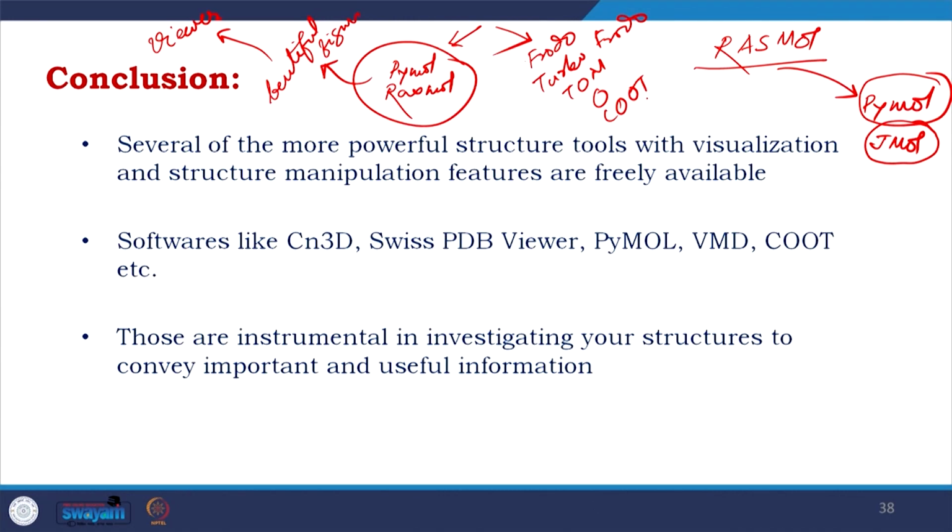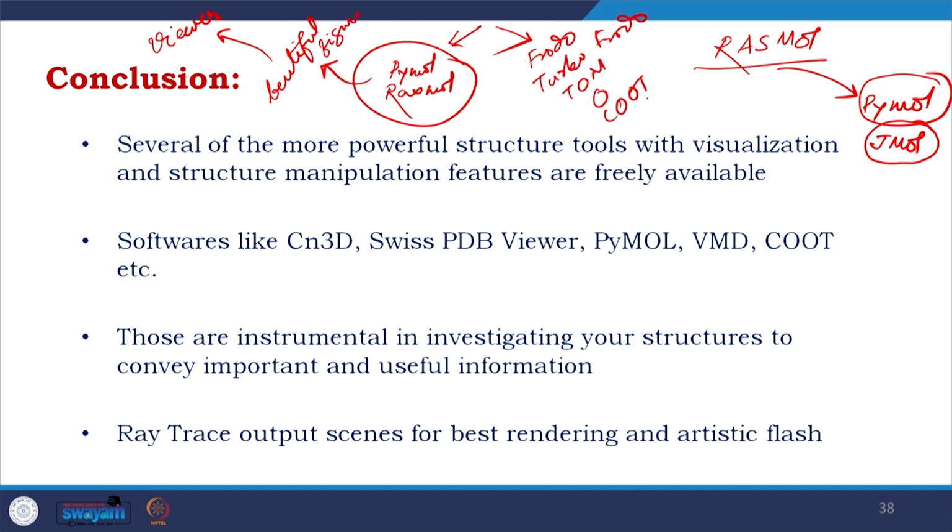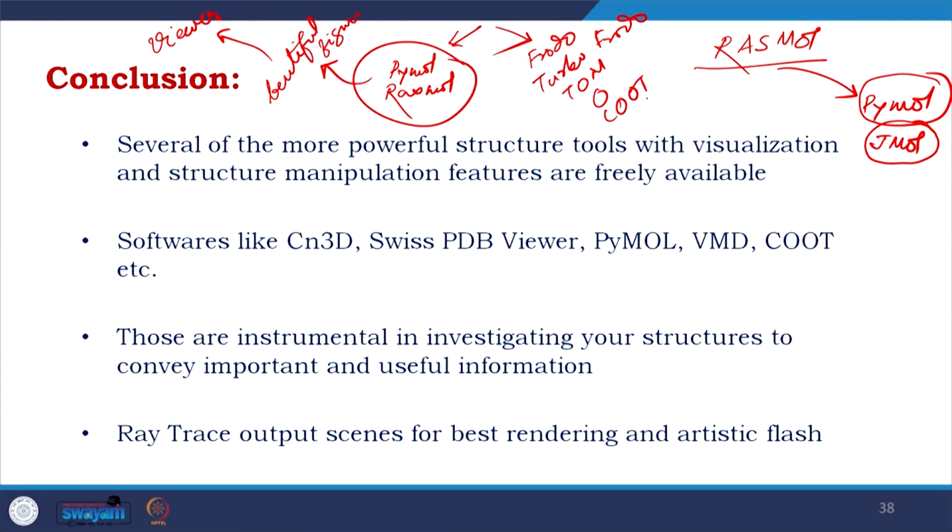All those software are instrumental in investigating your structures to convey important and useful information for understanding and designing better experiments. Ray trace output is again a revolution. The ray trace output scenes for base rendering and artistic flash have given much better quality to the current publication quality structures.